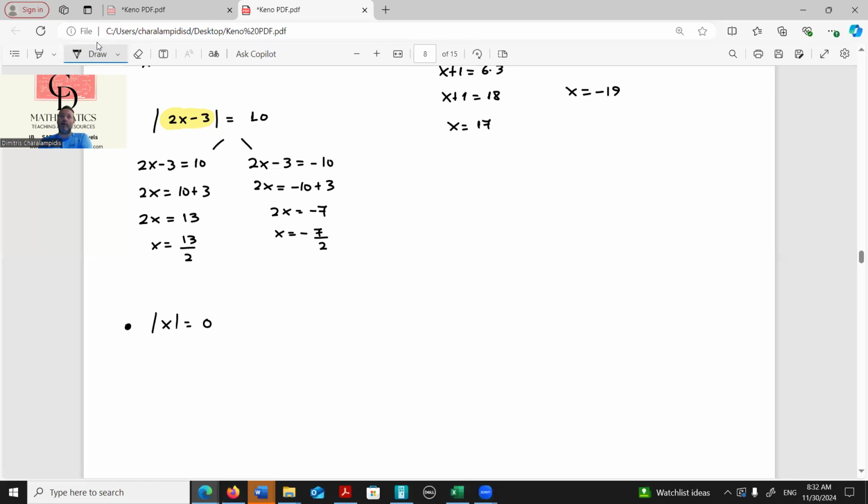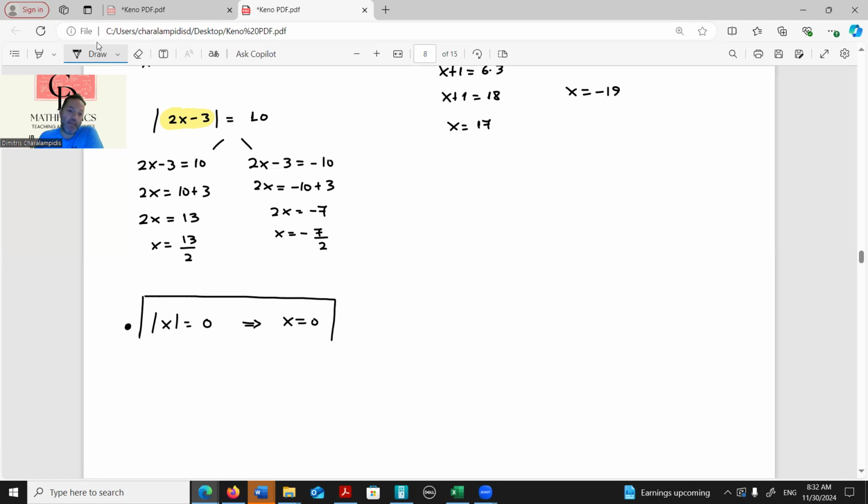Hold on. How can I find a number so that its distance from 0 is 0? This only means that the number I'm looking for is number 0 itself. So absolute value of x equals 0 leads to only one case, x being equal to 0.